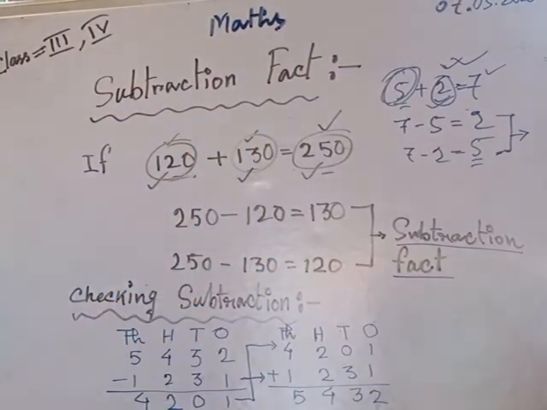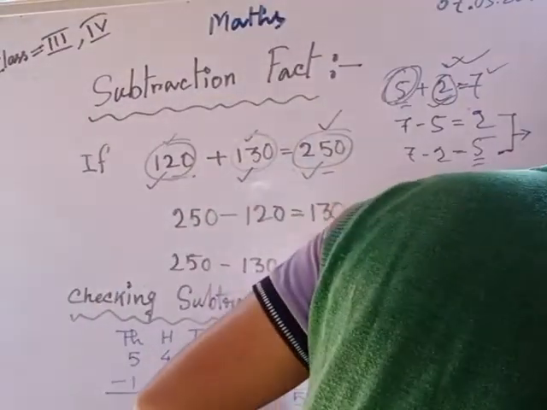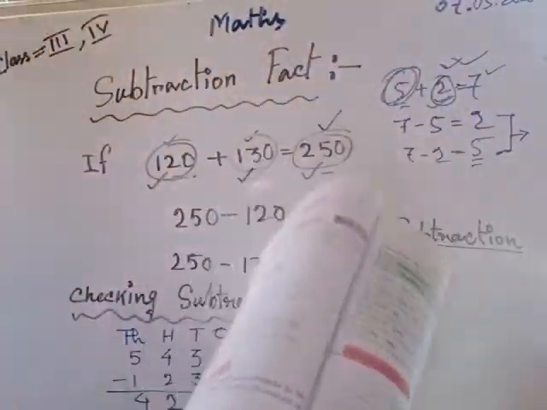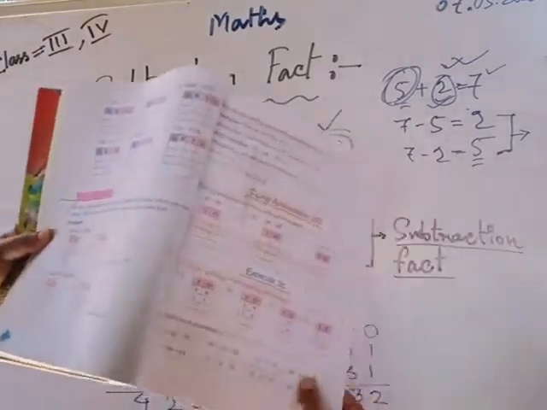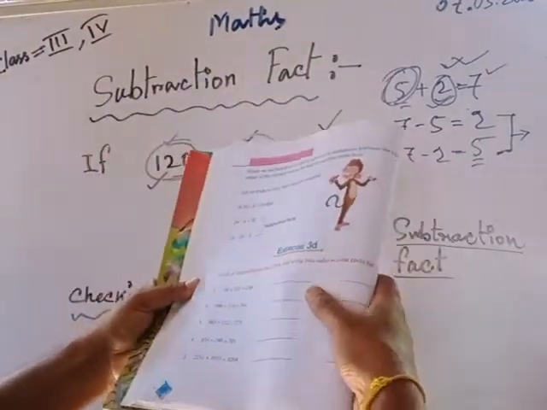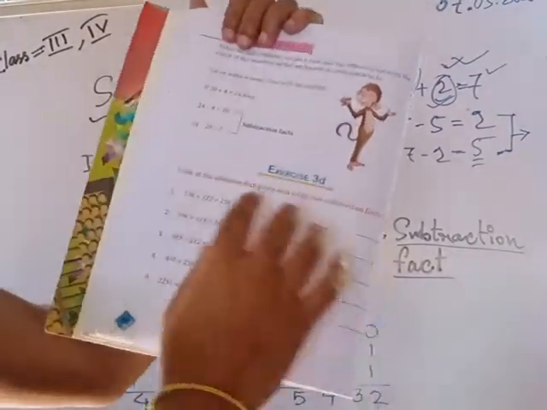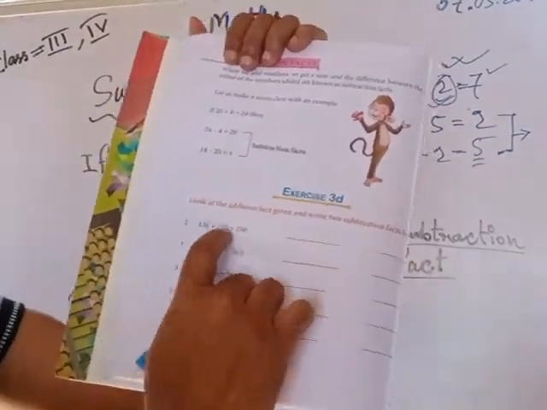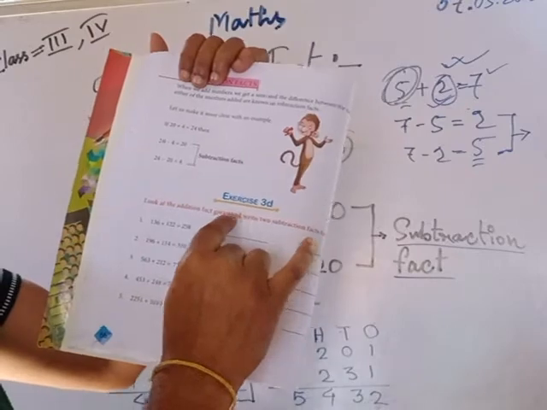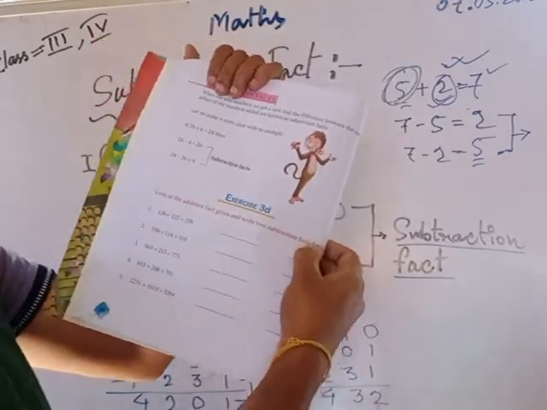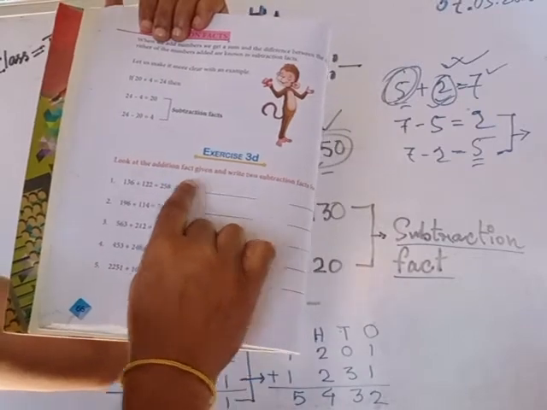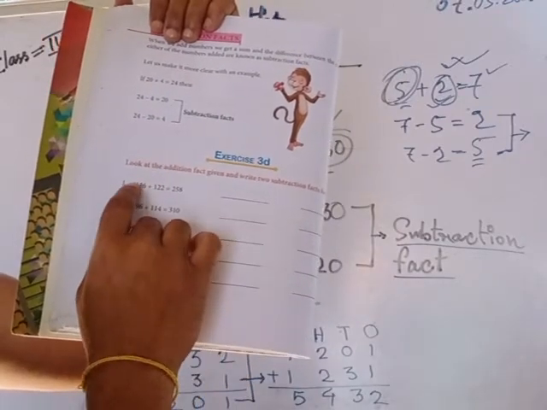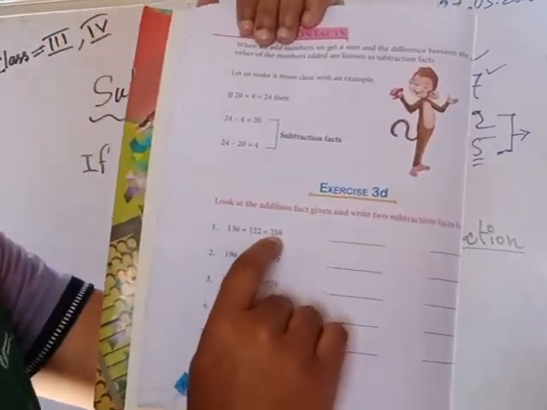Look at the addition fact given and write the subtraction facts. In the first subtraction fact, you should subtract 136 from 258.